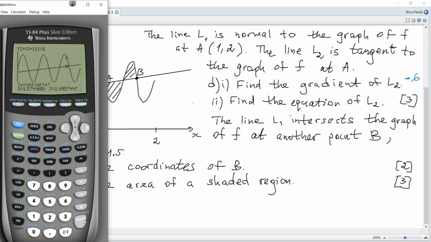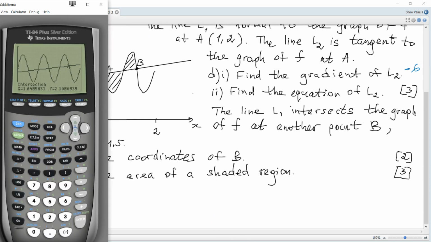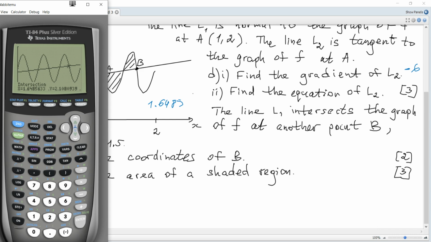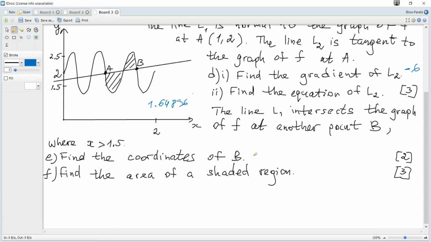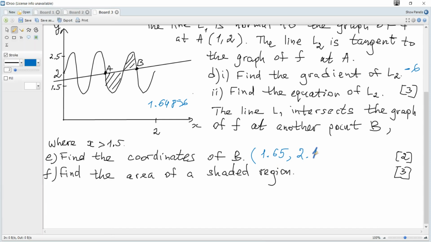It's 1.64856 and so on. So to 3 significant figures it becomes 1.65 and 2.11.